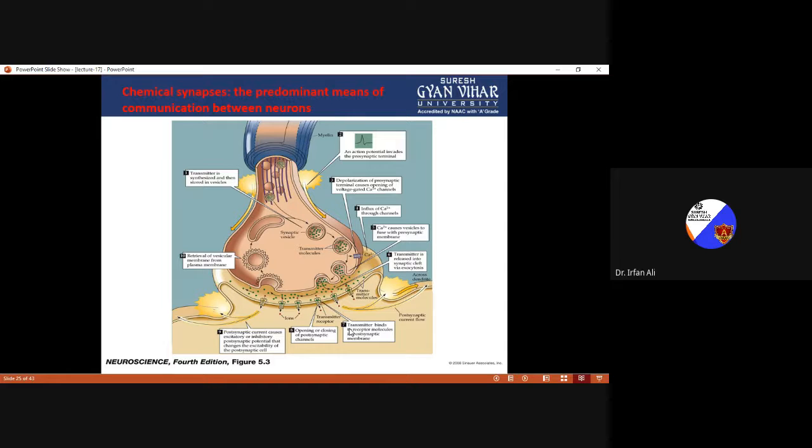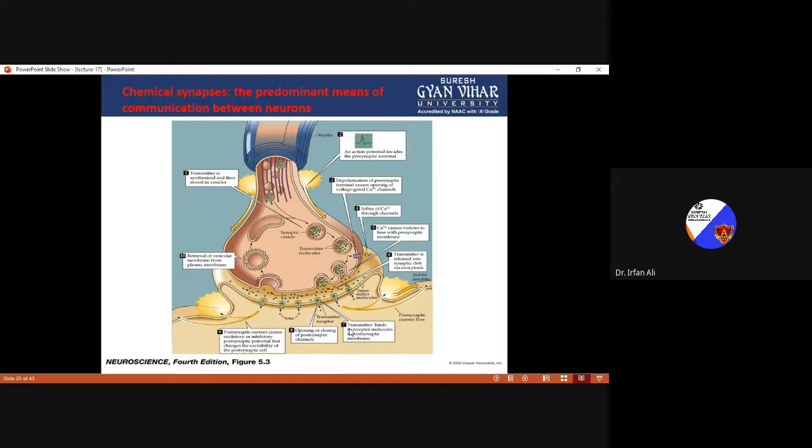Now this neurotransmitter binds with the receptor molecule in the postsynaptic membrane, and it leads to the opening or closing of a postsynaptic channel. The postsynaptic current causes an excitatory or inhibitory postsynaptic potential that changes the excitability of the postsynaptic cell.